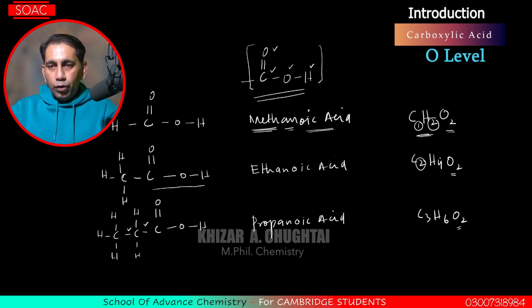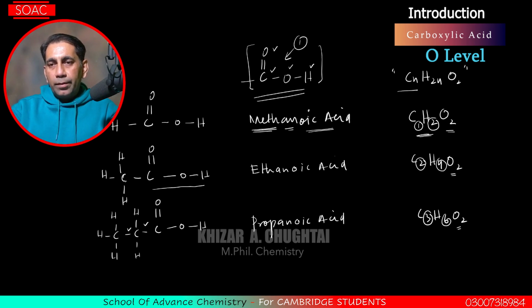Same, 2:4, again 1:2. 3:6, again 1:2. So I can write the general formula for a carboxylic acid that has one acidic group: CnH2nO2.